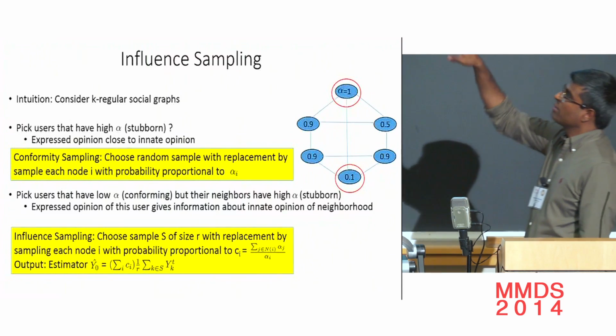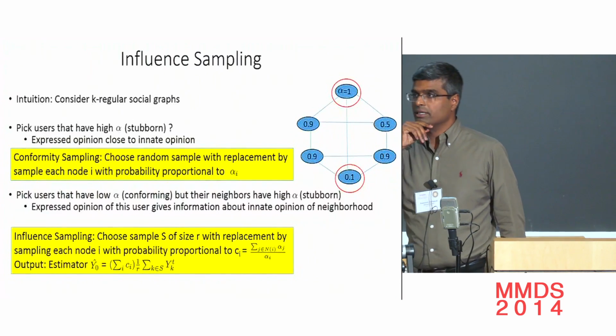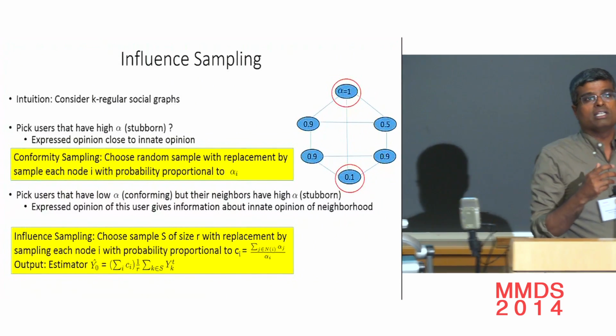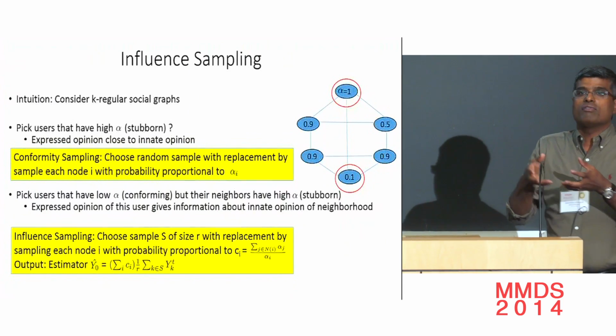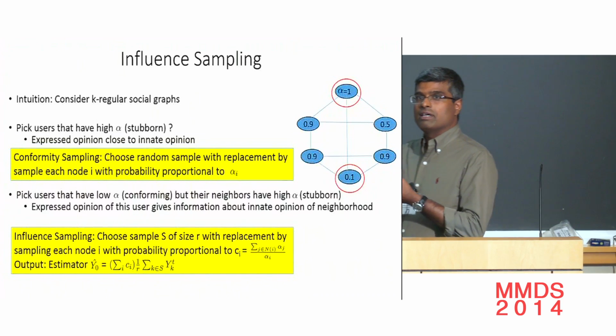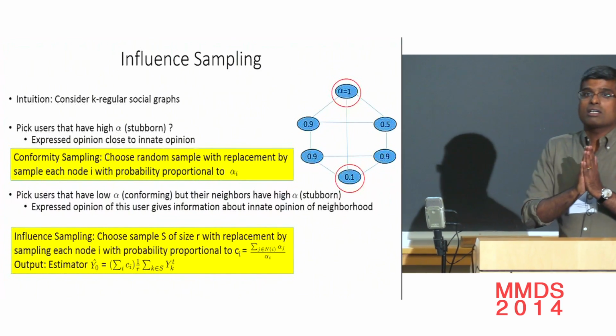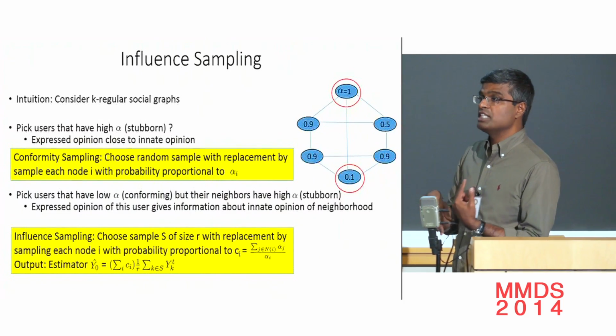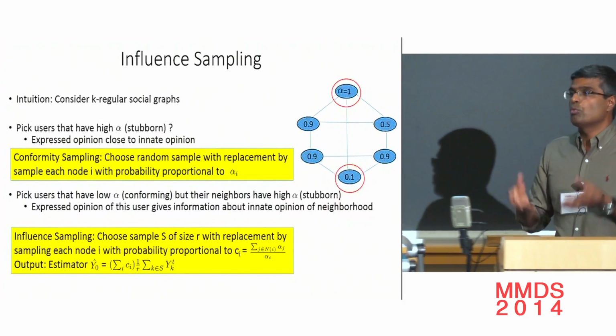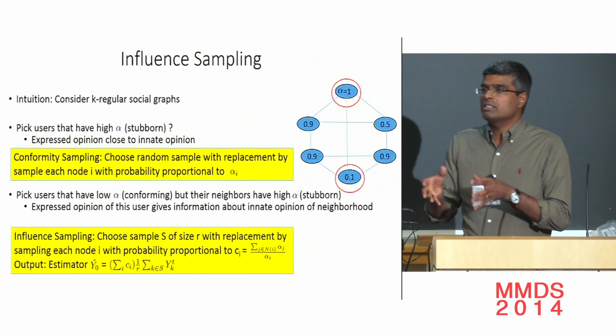Now we come to the third part, which is influence sampling, where the goal is to pick the conforming users, people who have low alphas but who are surrounded by high alpha users, stubborn agents around them. So what is this highly conforming user in the network doing?